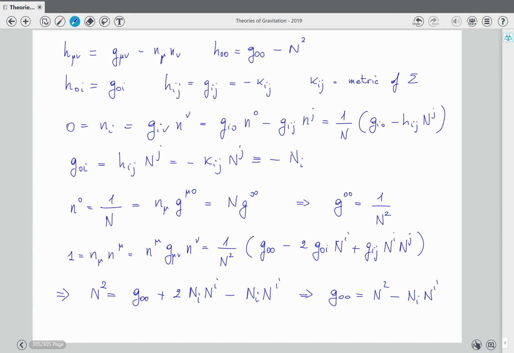And finally, we can parameterize the metric with only objects that have indices that are raised and lowered with the space portion of the metric itself.